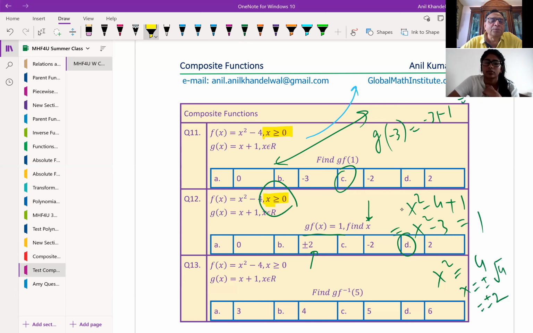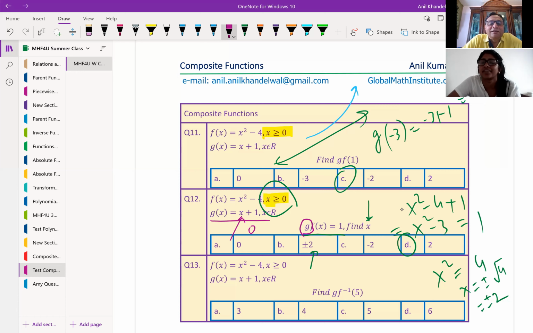Now, let me tell you, how do we answer this multiple choice question without doing all this? Is that interesting? Yes, because I want to know a shortcut. Who doesn't want to know a shortcut? Okay. So we are saying that the output of g of something should be 1. That means x has to be 0. Do you see that? Only then I will get output of 1.